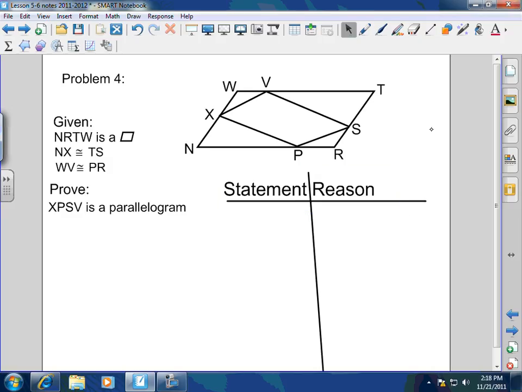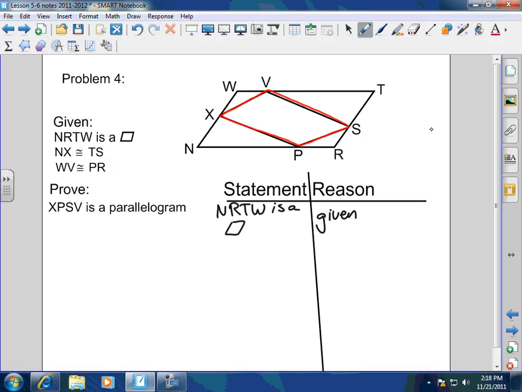We're going to first start off with, of course, NRTW is a parallelogram, and that's given. What do we know about that? And let's look at what we're trying to prove that may help you out. They want to prove that XPSV is a parallelogram.